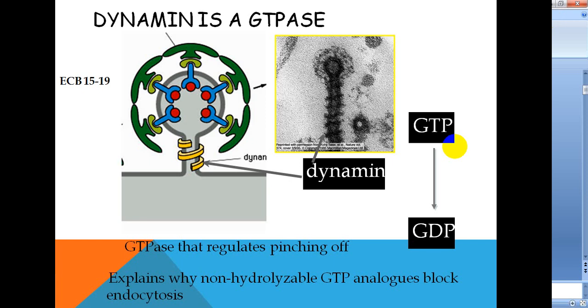But when there is a non-hydrolyzable GTP analog, it is not cleaved or hydrolyzed by dynamin. As a result, there is no energy that can be utilized for pinching of the vesicle. As a result, this process of endocytosis is stopped.